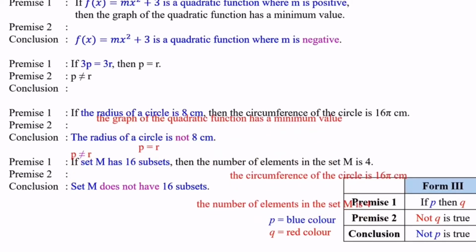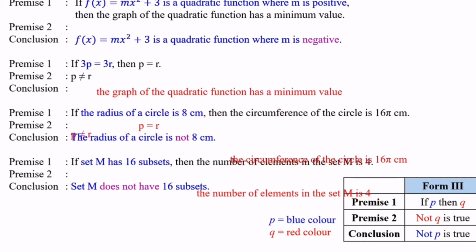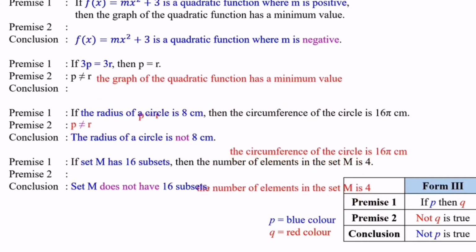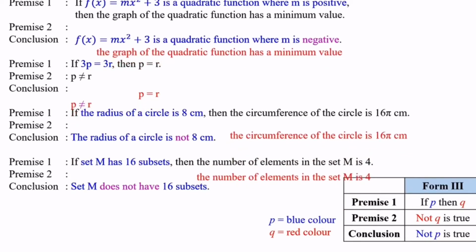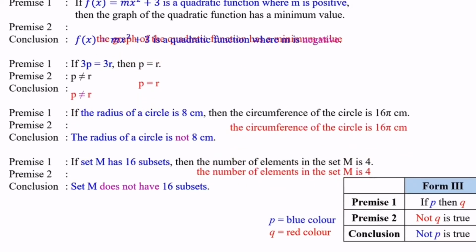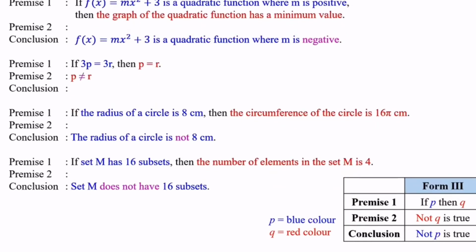Now you have to write premise 2, which is not Q is true. So we highlight our Q statement in red color: the graph of the quadratic function has a minimum value. That is our Q statement. Now we need to negate the statement so that it becomes not Q is true.